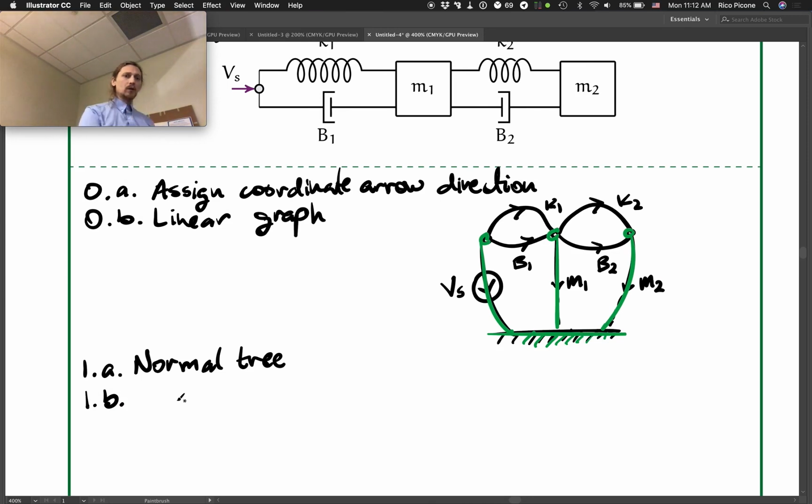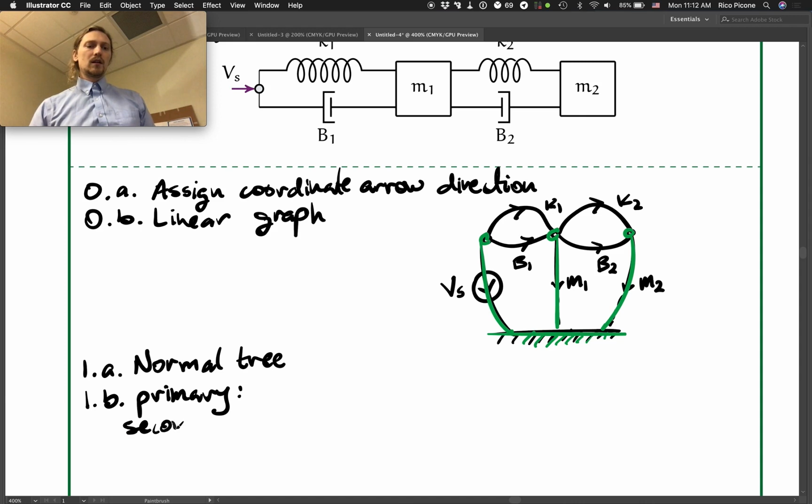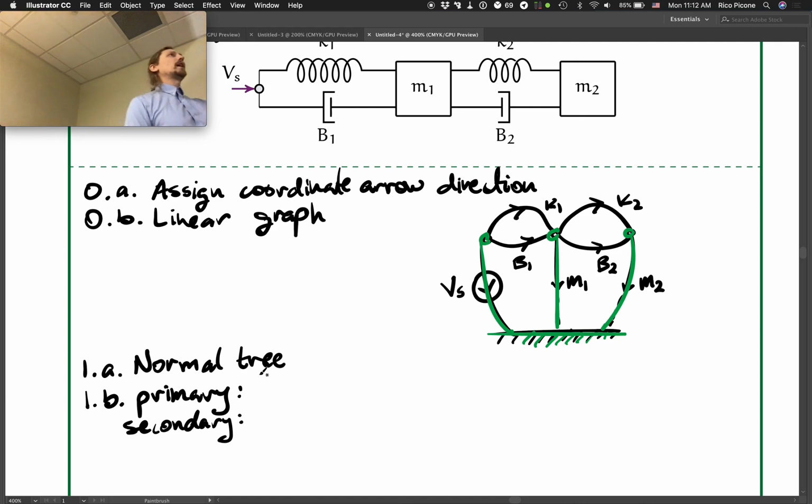1B. So next it's variables, primary variables and then secondary. Primary variables are across variables on branches. Branches are the elements in the normal tree.